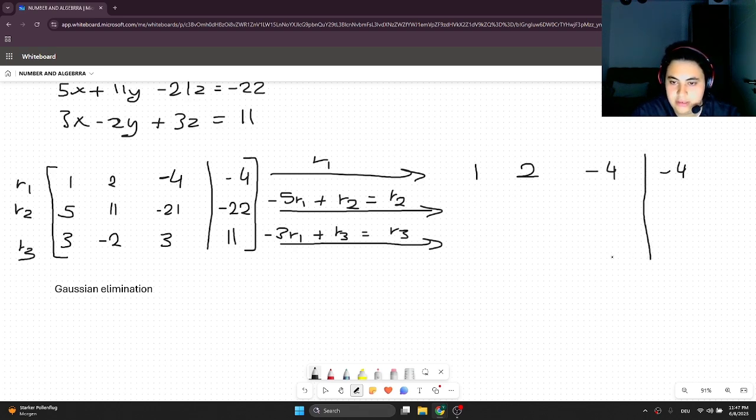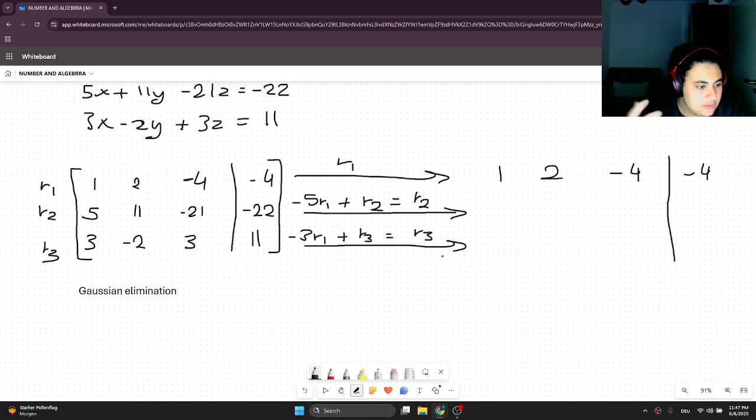Create this line over here, and that's it. Row 1 moves on the same way it has been. Even though over here we're manipulating it, we're only using it as a resource in order to turn these two values into 0, but it doesn't actually change in the matrix system.